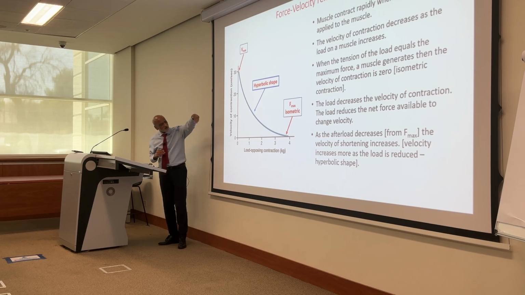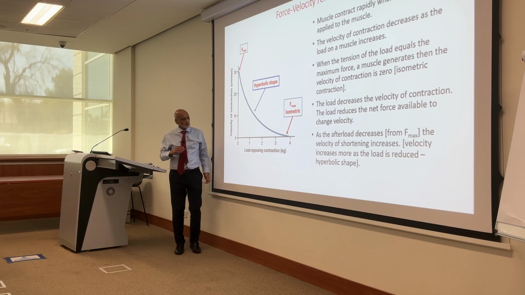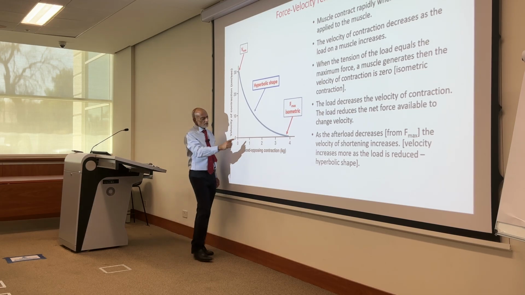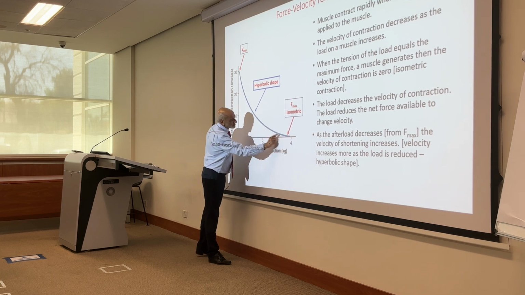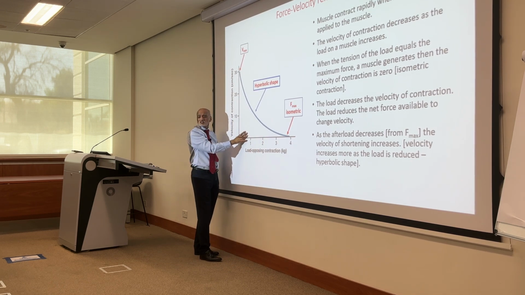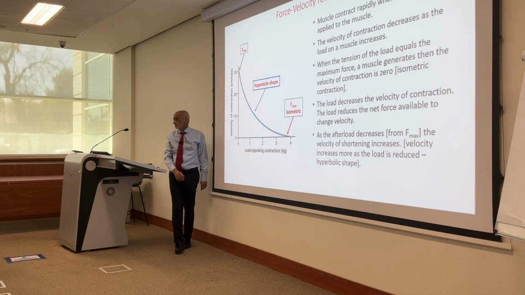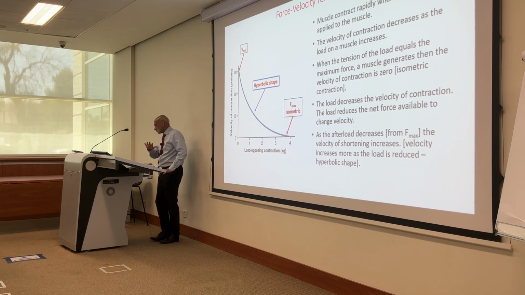And if you look at the graph, notice it's a hyperbolic graph. Those of you who did AP math and calculus will notice that there are two straight lines, the one at the bottom and the one here. So when you come here, the muscle changes very quickly. When you are here, the muscle changes very slowly. You don't need to know the math.